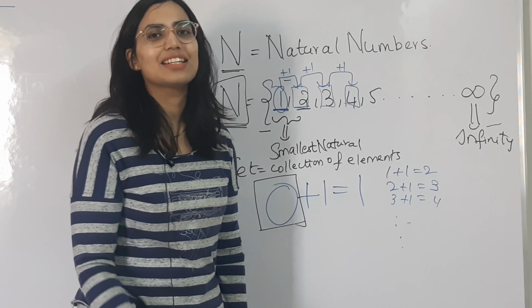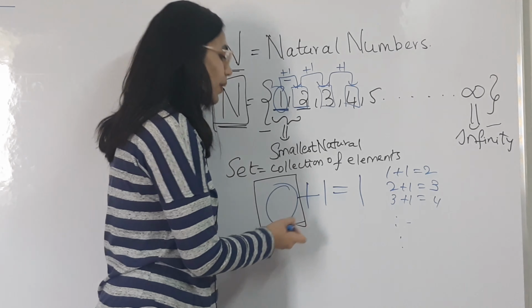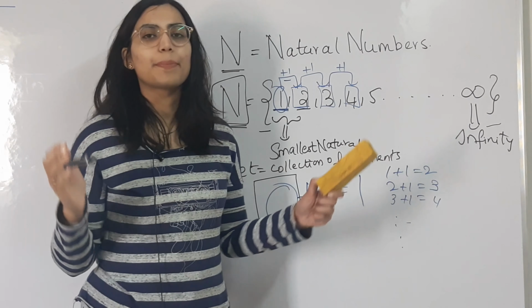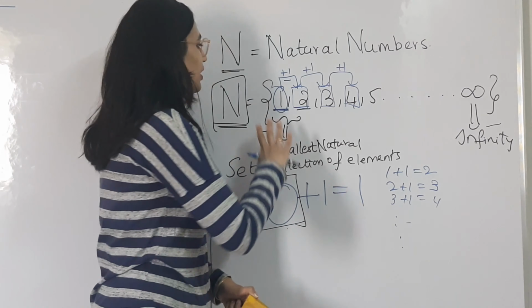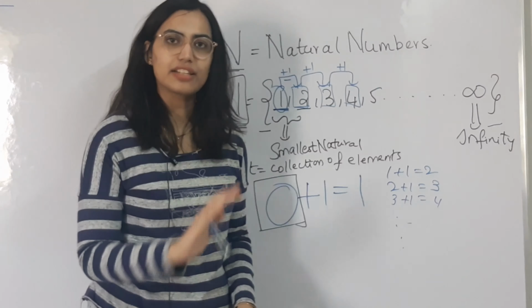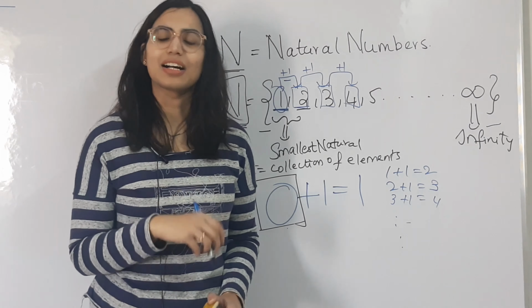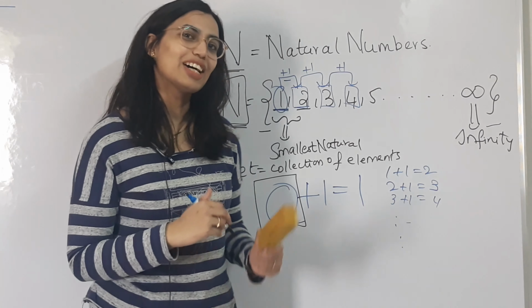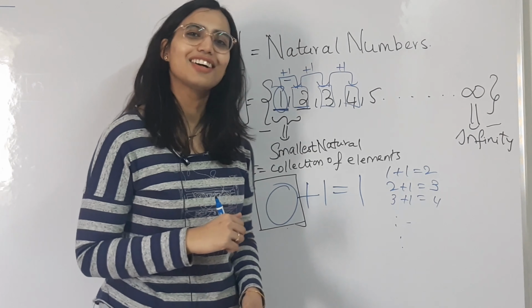That is the reason we need another number system wherein 0 exists and it represents the completeness of the numbers from 1 or infinity and so on, right? That is where whole numbers come into picture. Now let's see quickly the importance of 0 and what are whole numbers.